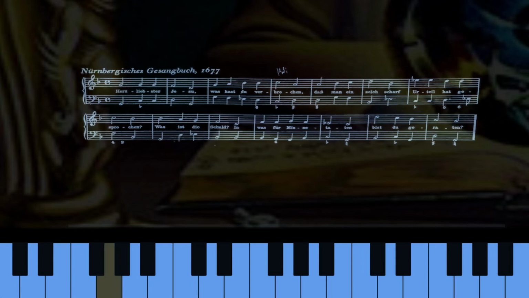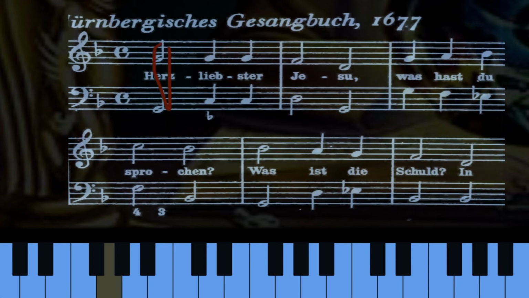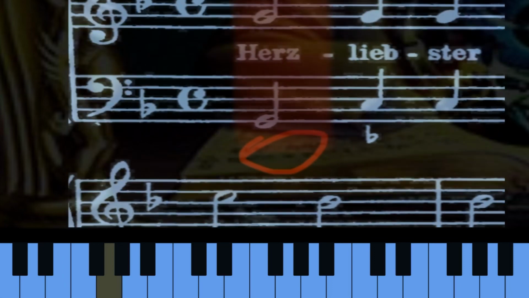So you have a G here on the bass, and if you have nothing written below this bass line, it means that you find the notes of the triad. For example, here is G, then you need the triad of G minor, and that means D, G, and B flat.